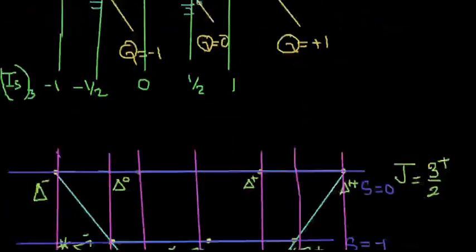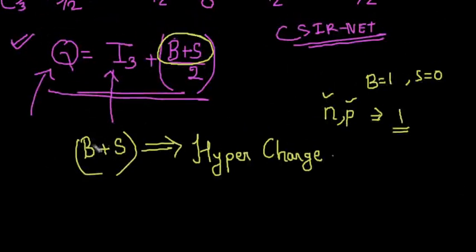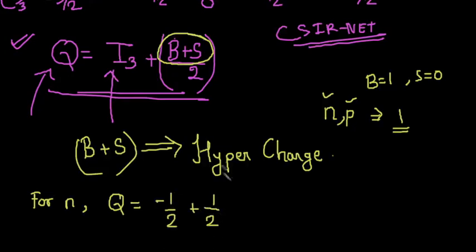We will put that in the formula and see if this formula works. So for neutron, Q will be, third component of isospin was minus 1/2, plus 1/2. So this was 1, this is 1 for both, so 1, and it will just cancel out to be 0. So charge is 0, it worked.